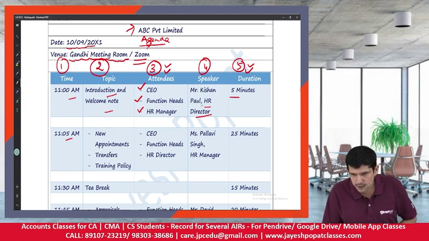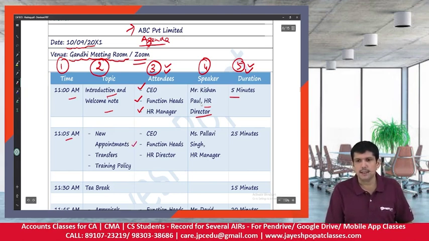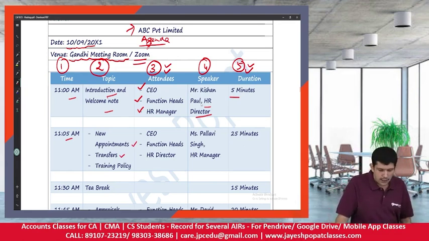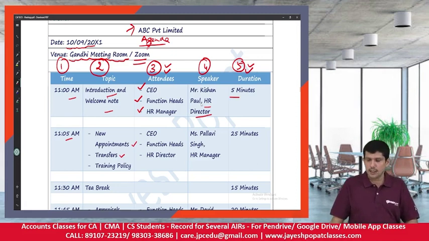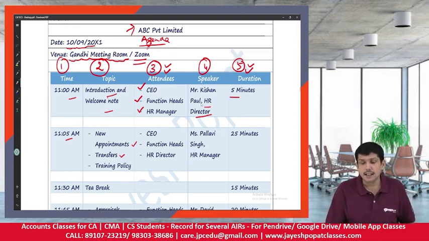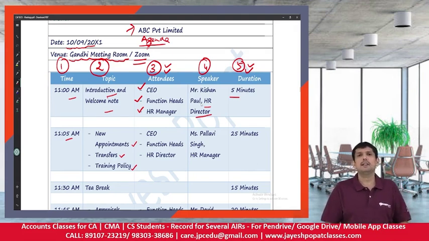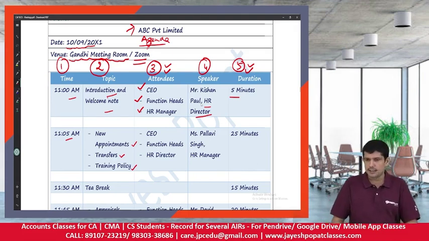So here the first discussions will be on the new appointments which are supposed to be made, the transfer of employees maybe from one department to another or from one location to another location, and then training policy. So training policy, how and what training should be provided to the various employees of the organization.